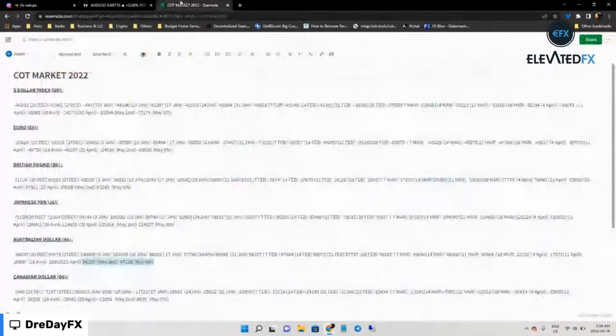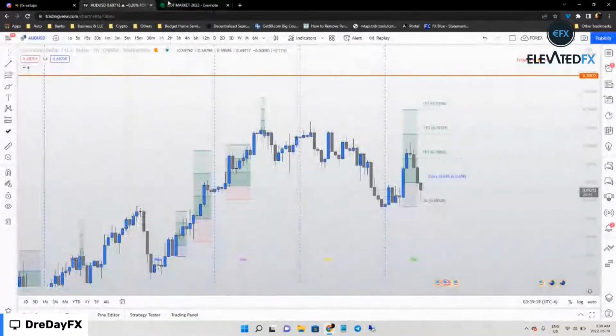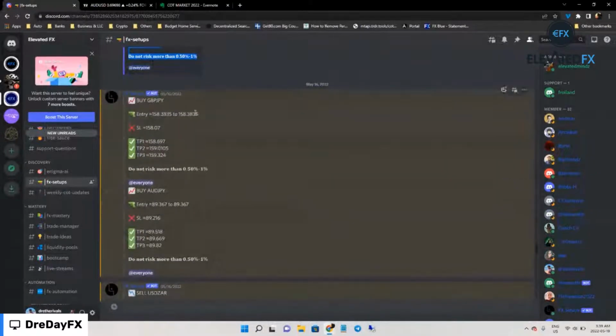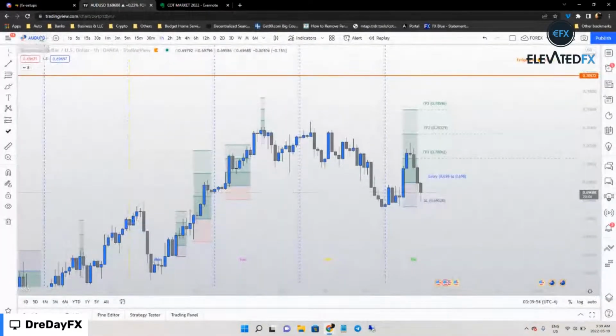And most of the time it goes in your direction. So let's look at JPY, and we're going to do the same process here. So JPY.